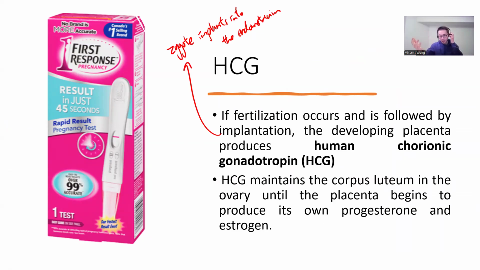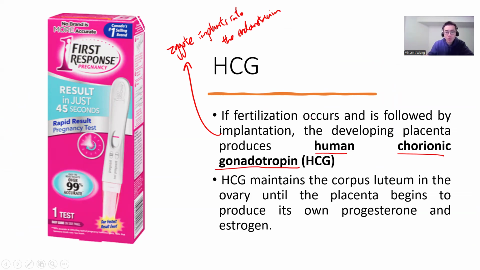We learned about the placenta in lecture 2, right? It's the thing that connects the baby and the mother. As the placenta is developing, it produces a hormone called HCG, human chorionic gonadotropin.